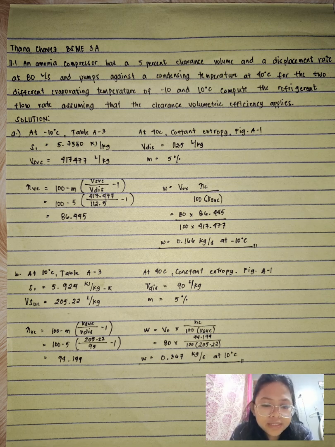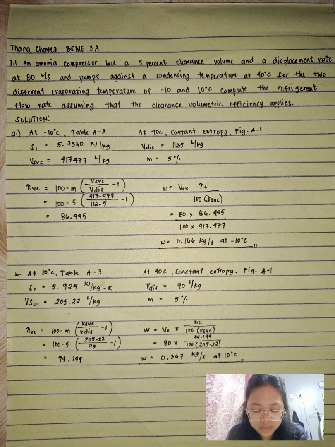So the same process as above. To simplify, 100 minus 5 multiplied by 205.22 over 95 minus 1, and we have our answer 94.199.